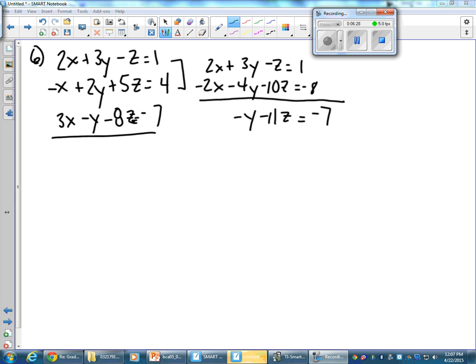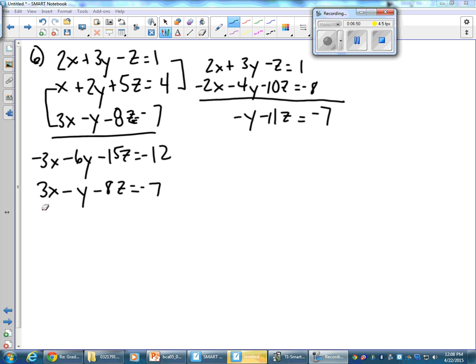So now, do you guys want to use the second and the third equation and also cancel the x's? So what I'm going to need to do is -3 times the second equation, which will be -3x minus 6y minus 15z equals -12, and then keep the third equation exactly the same. Now add these two lines together. The x's cancel.